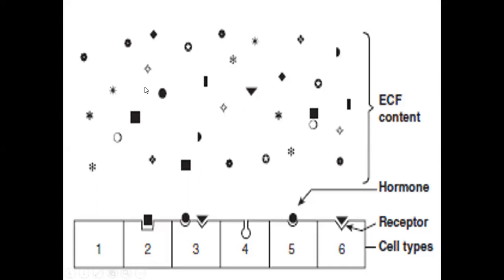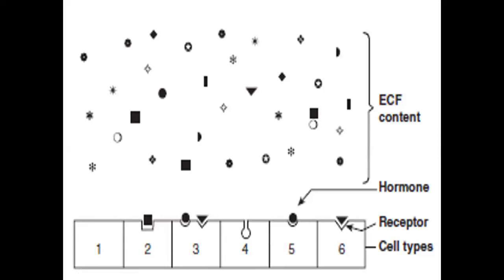But of these substances circulating in the extracellular fluid, only a few are recognized by hormone receptors. Now, the boxes here labeled 1, 2, 3, 4, 5, 6 are the target cells, the cell types to which hormones bind.